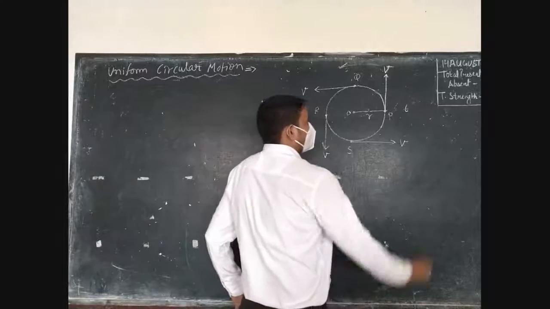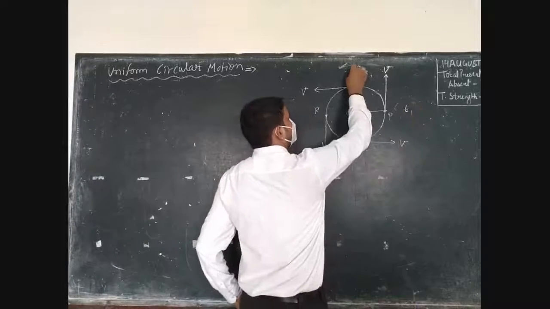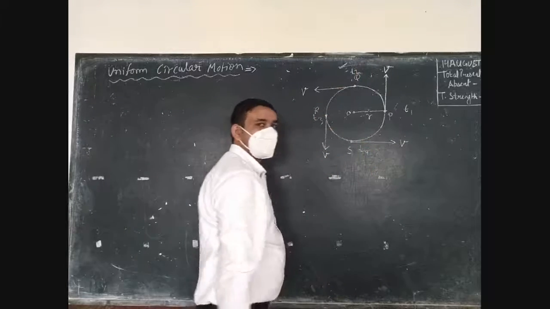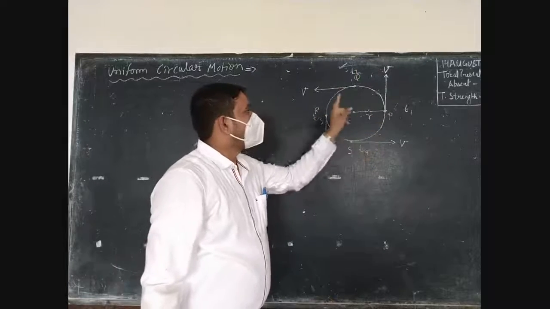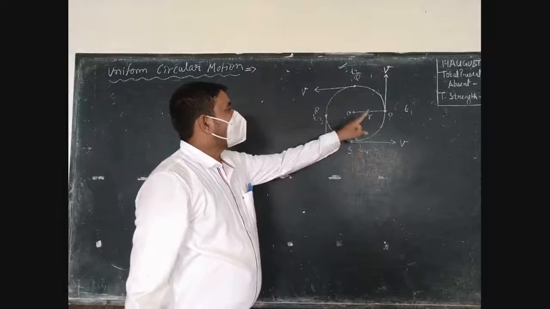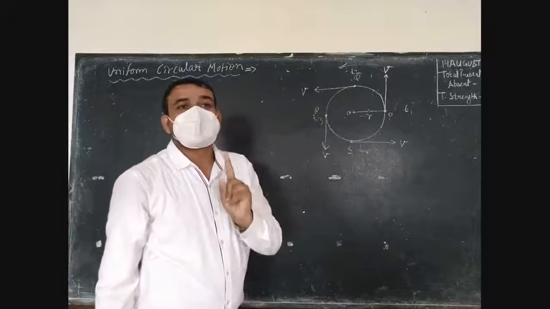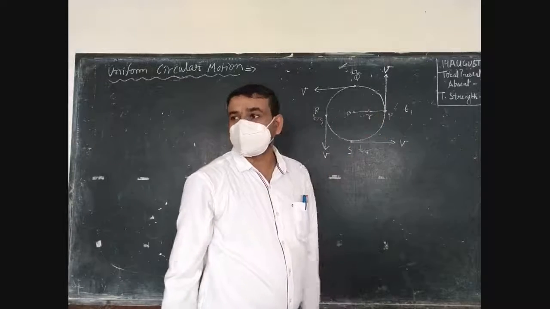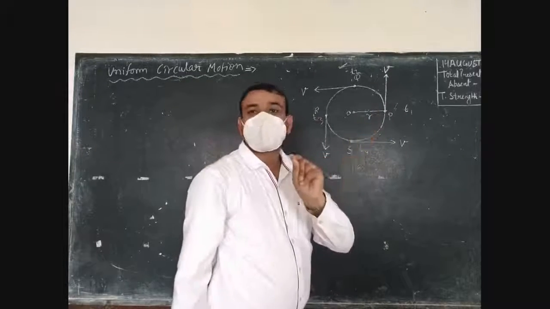It is observed that for time t1, t2, t3 and t4, which means at different intervals of time, the particle is at different places, and the velocity direction is determined by drawing a tangent to the circle at that point.